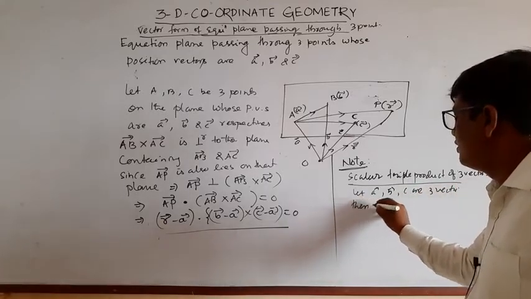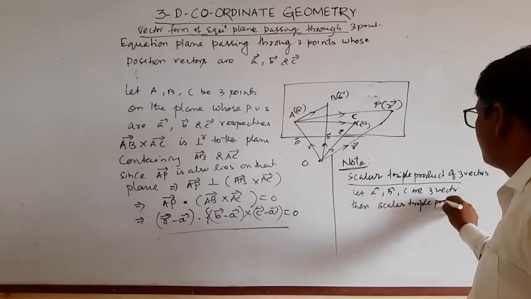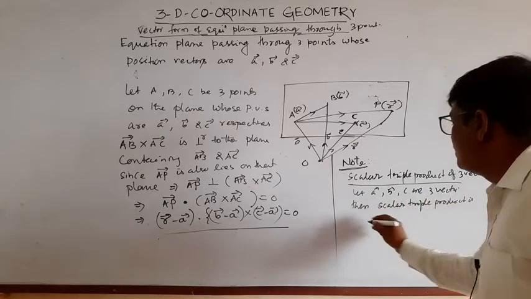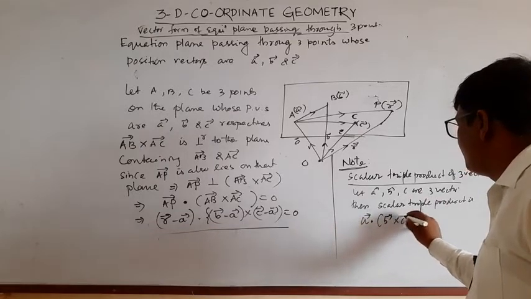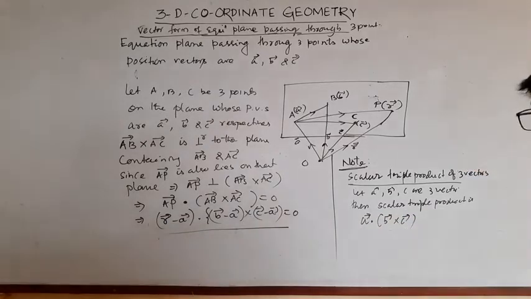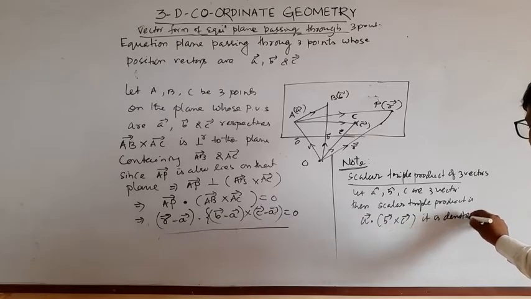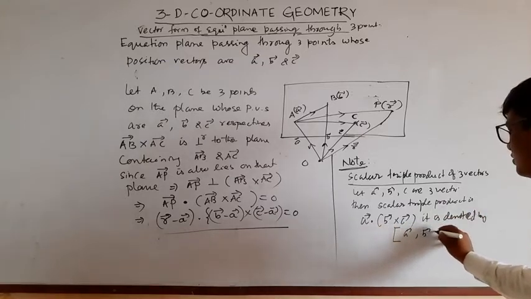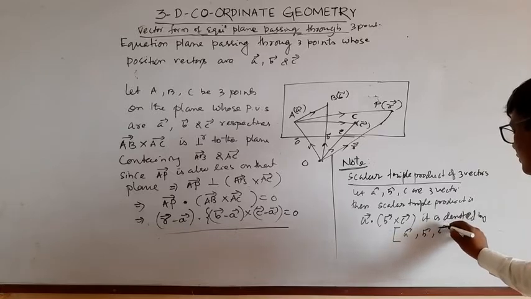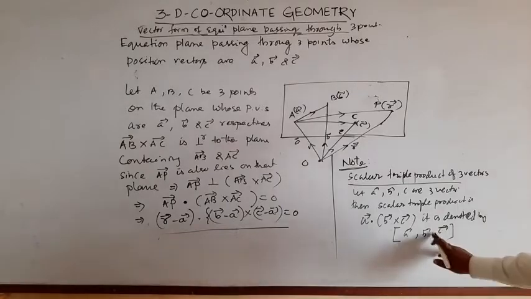Then the scalar triple product is denoted by A dot B cross C. It is written in square brackets: A vector, B vector, C vector.